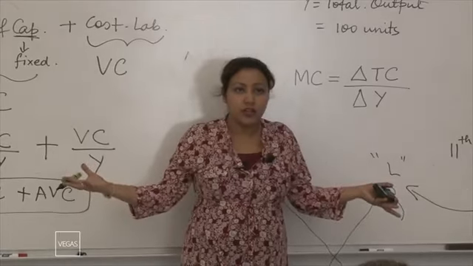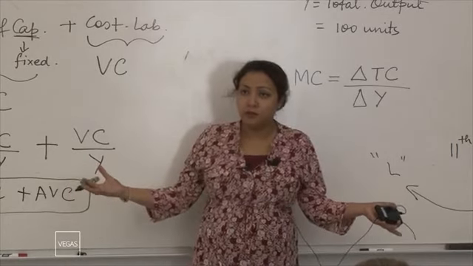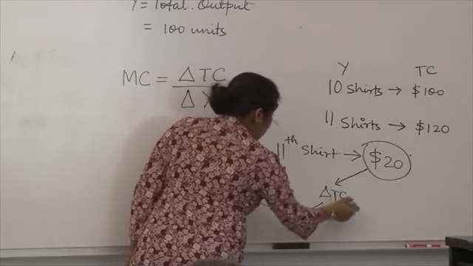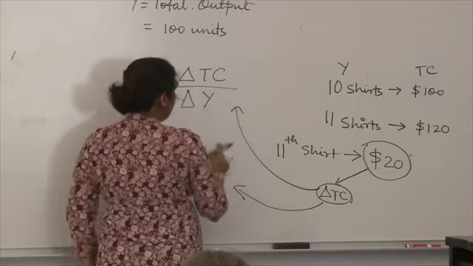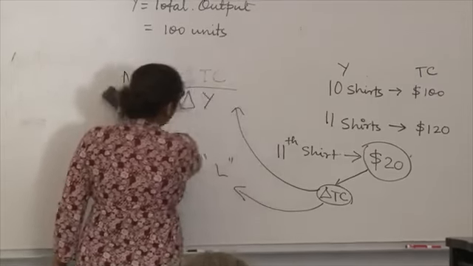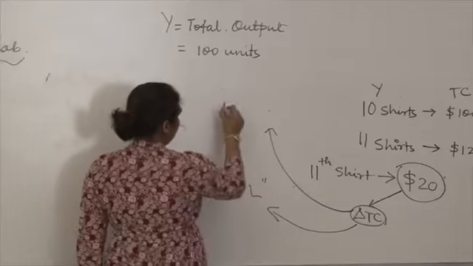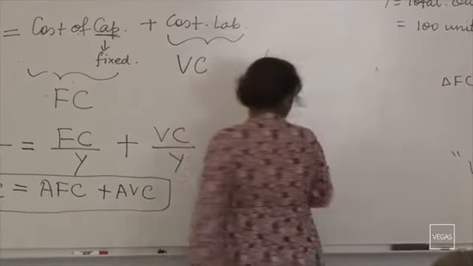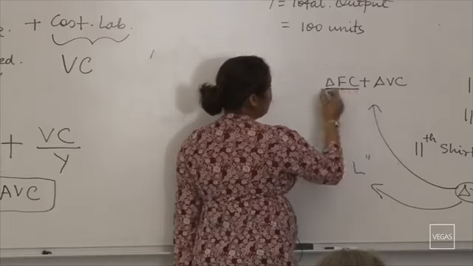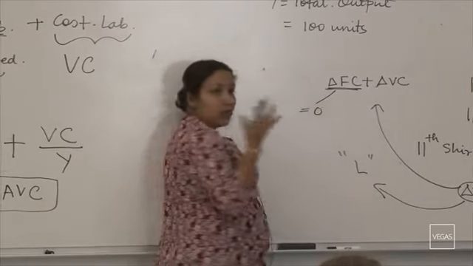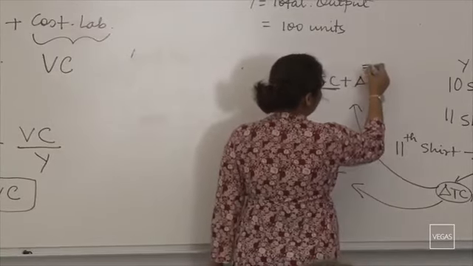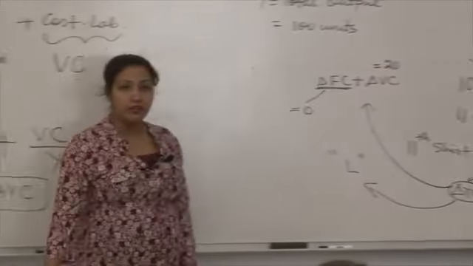So this change in total cost must be the change in fixed cost plus the change in variable cost, because total cost is fixed cost plus variable cost. But since I cannot change capital, the change in fixed cost will be equal to 0. There is no change. So whatever change takes place must be through the variable cost. So that must be equal to the 20.